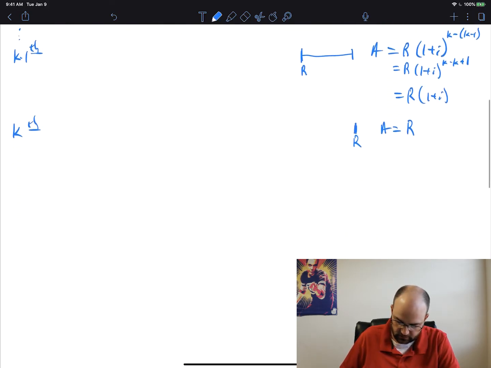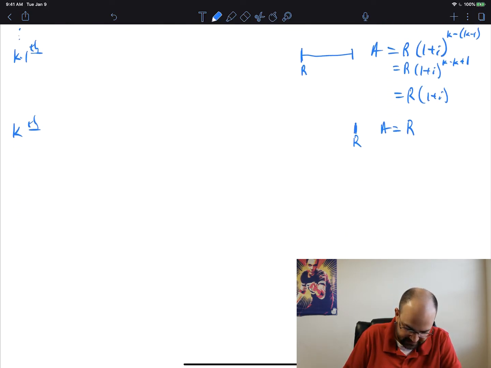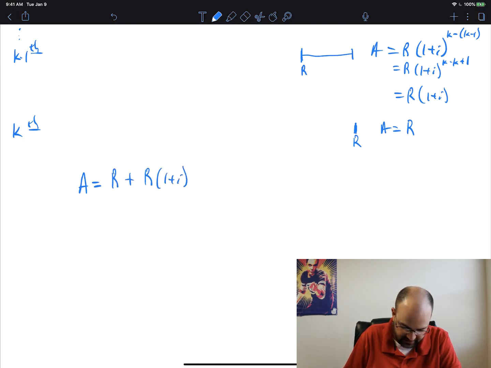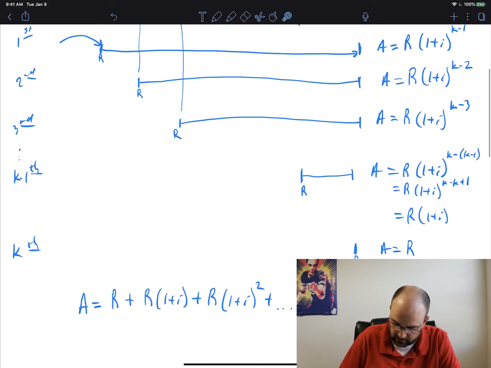And what this is going to look like is let's say the future value, or the accumulated value, will be the last payment plus the previous payment, which was R times 1 plus I, plus, and then of course the one before that would be R times 1 plus I squared, and then plus a whole lot of those, and then we reach these up here.